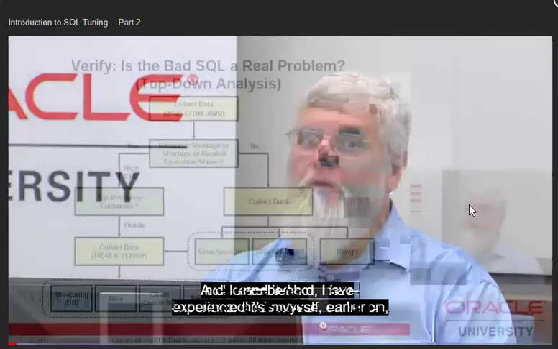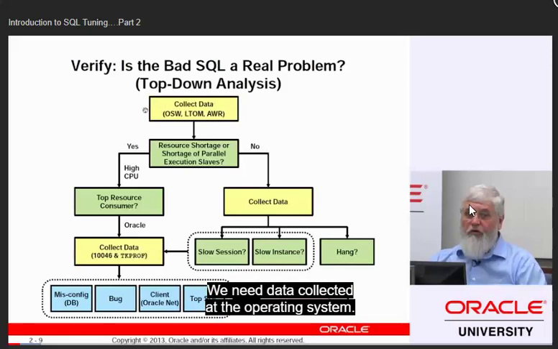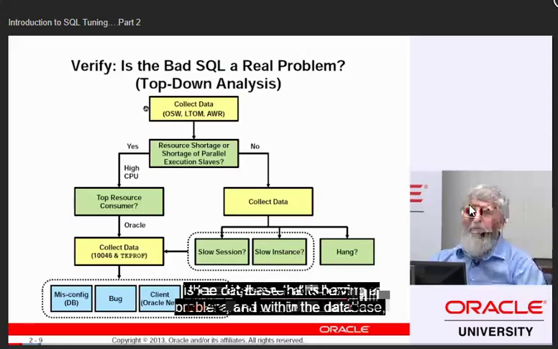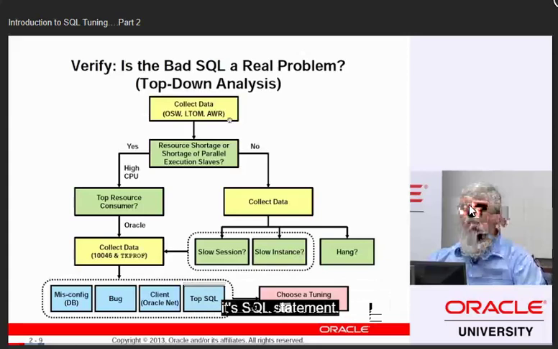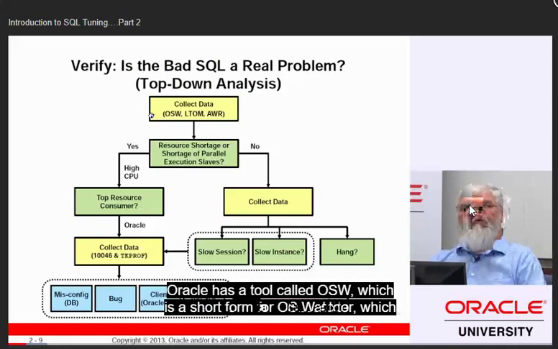What we want to confirm is that it really is the database that is having a problem, and within the database, its SQL statement. So we need to collect data. There are a number of tools. Oracle has a tool called OSW, which is short for OS Watcher, which we wrote a while ago to allow the DBAs to collect data on a particular operating system that is running an Oracle database.